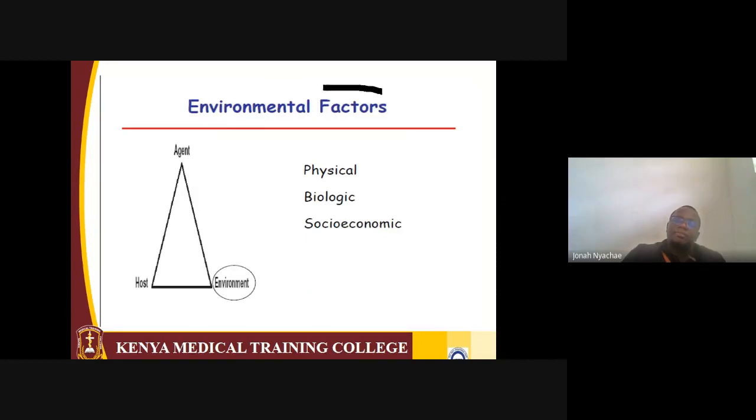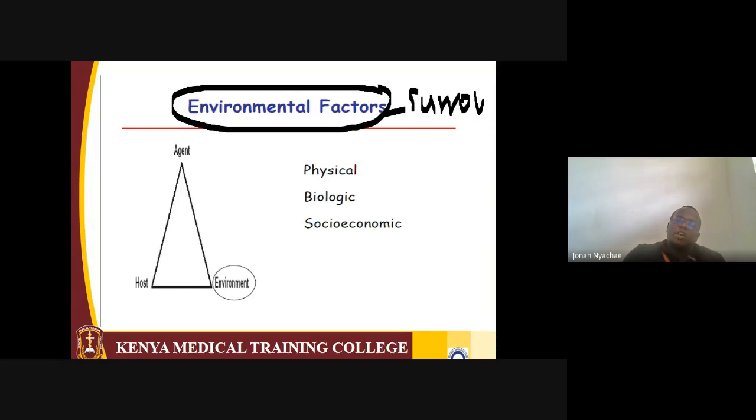Environmental factors: we're talking about things within the surroundings. We're talking about physical, biological, and socioeconomic factors.